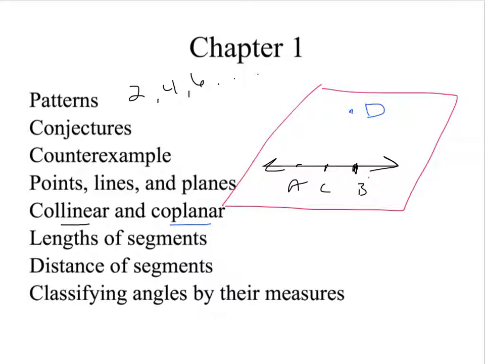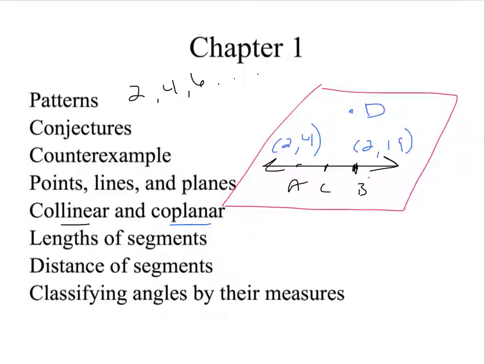Lengths of segments. If I give you 2 points, A and B, looking at that line with A, C, and B, and I give you 2 coordinates like 2, 4 and 2, 19, would you be able to find the distance between A and B?